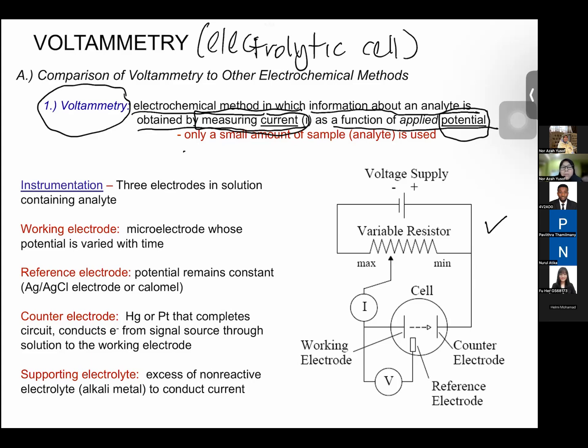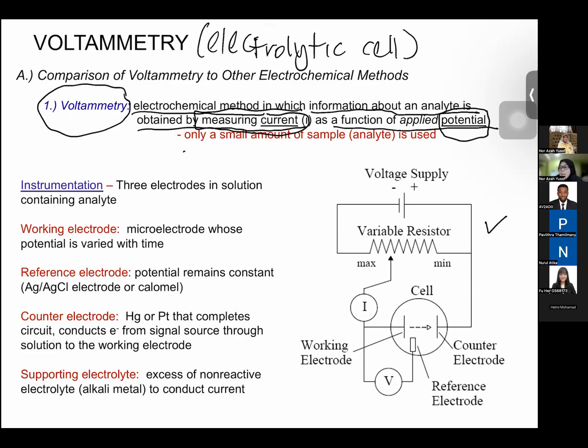I don't really want to go into detail on the principle or theory of electrochemistry, because this is not an electrochemistry subject, but you need to understand the basis. That's all. As we go through, at least you will understand what is happening on the surface of the electrode.